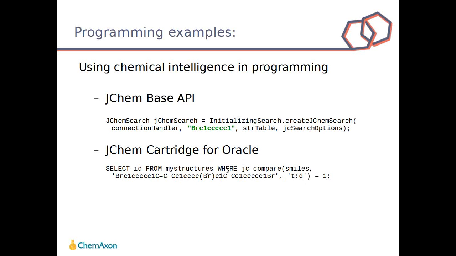Basically, in the cartridge, most of the operations are realized in the where clauses, where you can introduce, with the help of ChemAxon's cartridge operators, some chemical intelligence. So here you define the column on which you search the following queries, and here you can specify some search options.